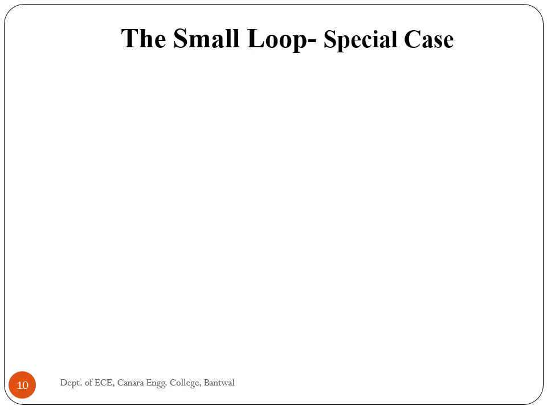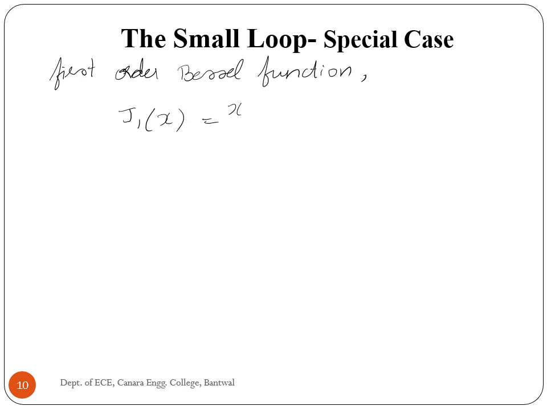The small loop special case. For small arguments of the first order Bessel function, some relations can be used, and the first one is J1 of x is equal to x by 2, where x is any variable.